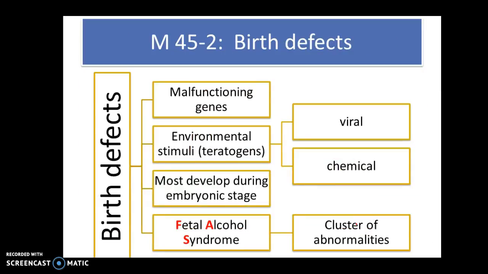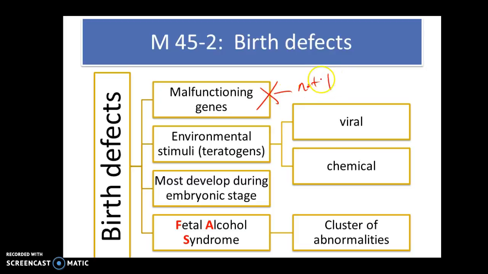Now, teratogens, what are they? They're any type of environmental stimuli, viral, chemical, that can actually have a negative influence on the developing embryo or fetus. They are not malfunctioning genes. Malfunctioning genes can also result in birth defects.